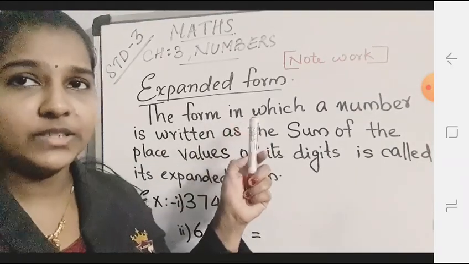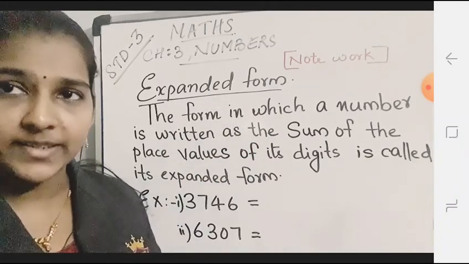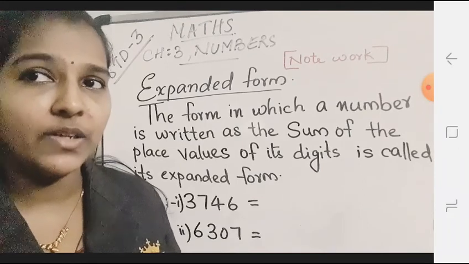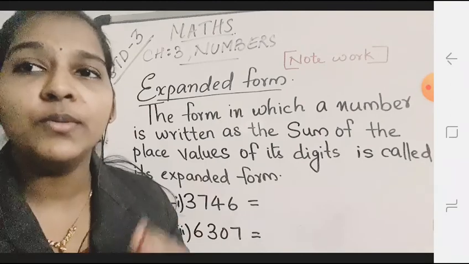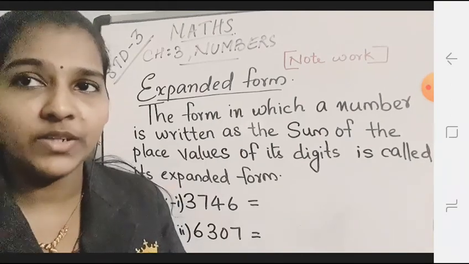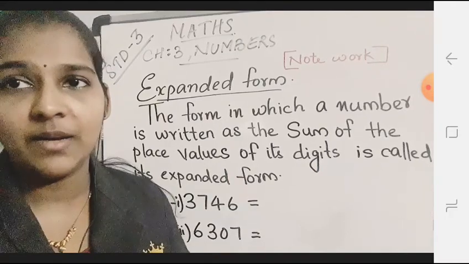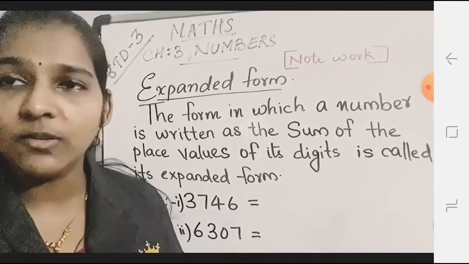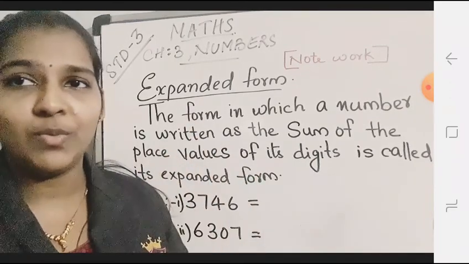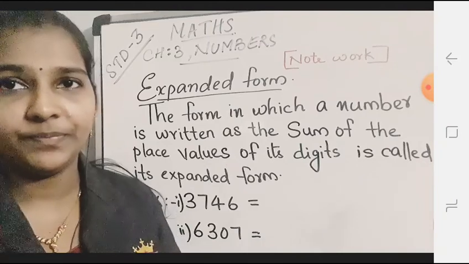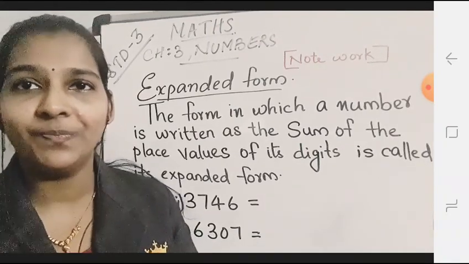Expanded form. Today's topic is expanded form. So children, in the previous classes we learned how to write a number name for a 4-digit number, how to write a numeral for a given number name, and how to arrange that number on a place value chart. So today's topic is expanded form of a 4-digit number. First you tell me, what is the expanded form?